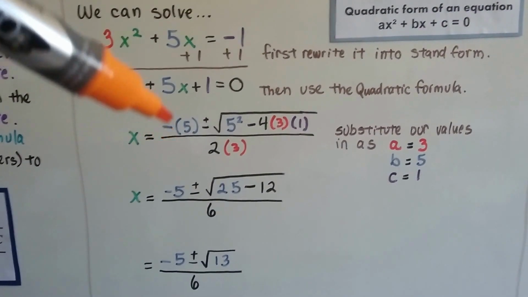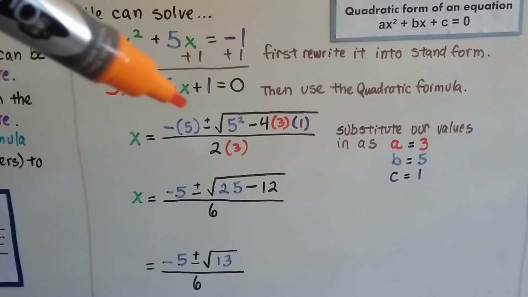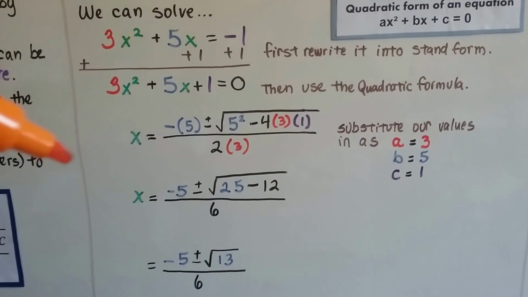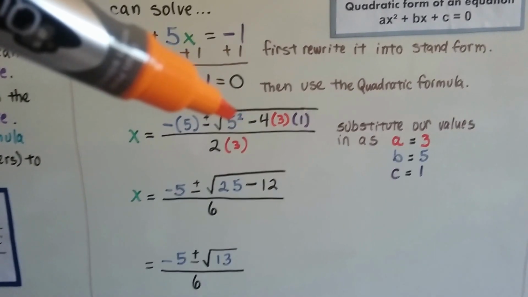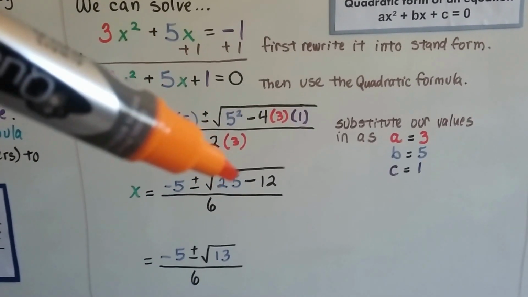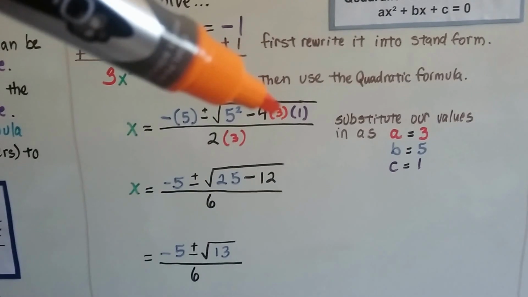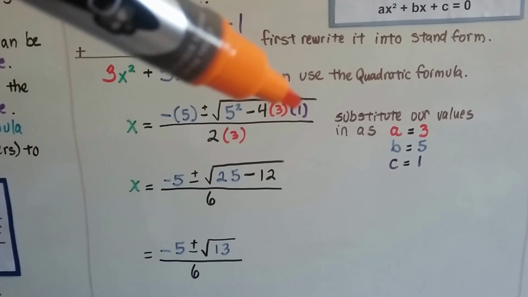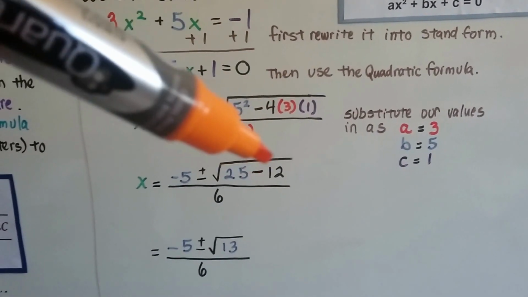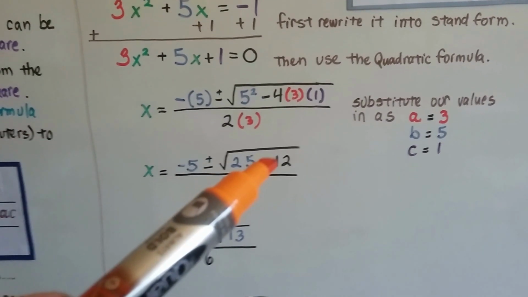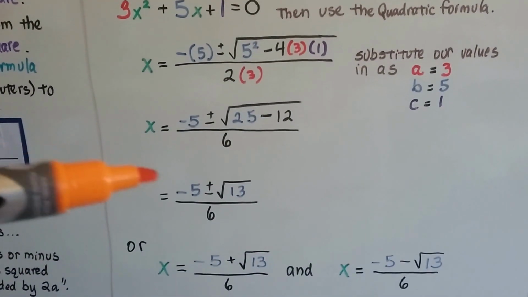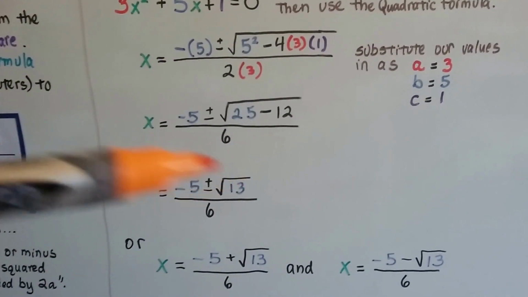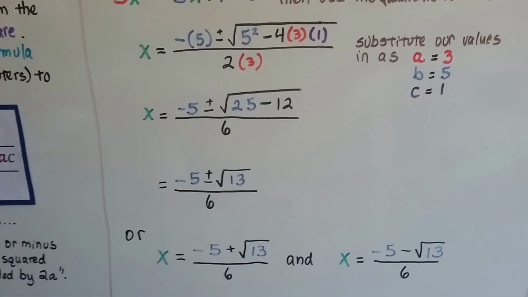There's a negative 1 in front of the parentheses, so we distribute that negative to the 5 and have negative 5 plus or minus the square root of 25 minus 4 times 3, which is 12, times 1, which is still 12. Now we can do 25 minus 12 and get the square root of 13. So now we have negative 5 plus or minus the square root of 13, divided by 6.